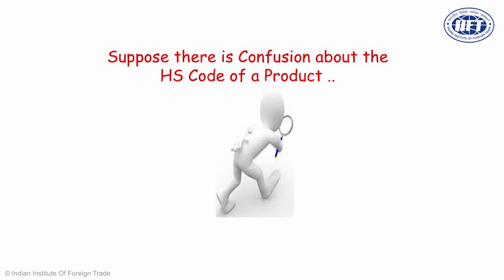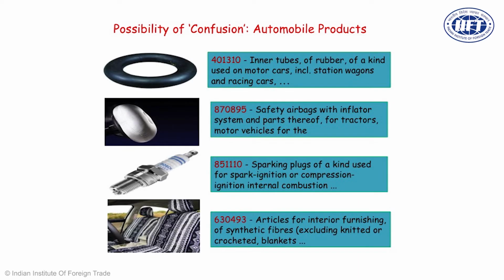Suppose you are producing automobile parts and component products. In case we talk about the tubes, well, though they can be used for motor cars, they might be used for certain other purposes as well. So what we might say here, they will not come under HS87 or automobile products. They will appear under HS40 or the rubber products instead.